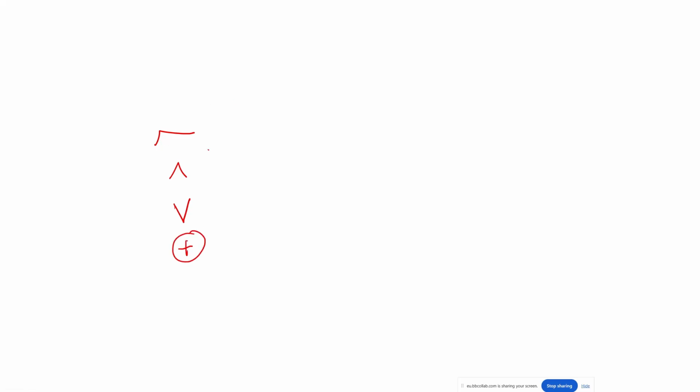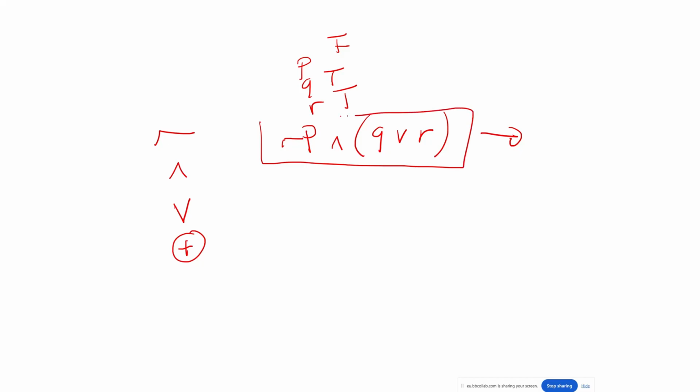With these, I can have a combination like not P and Q or R, and then I'm going to ask you: if P is false, Q is true, and R is true, what is going to be the result? Is it going to be true or false? Or I'm going to ask you even more: construct the truth table of this.